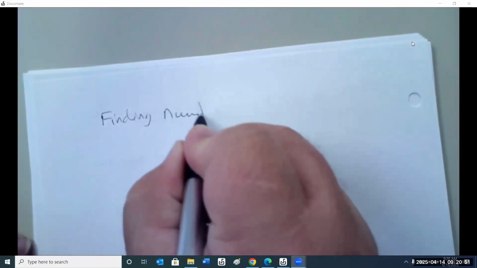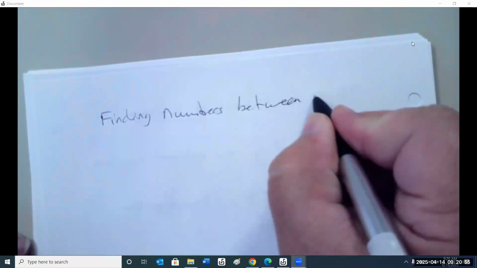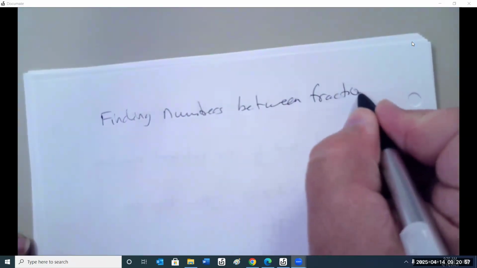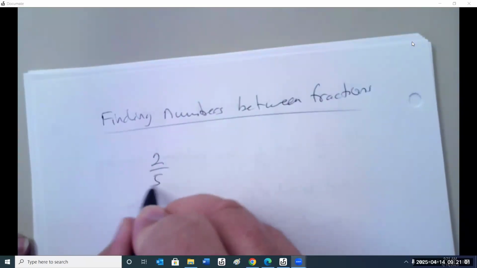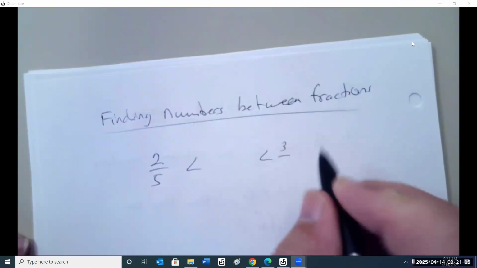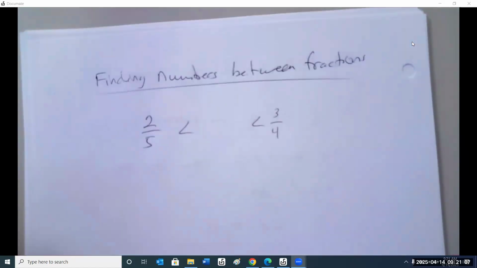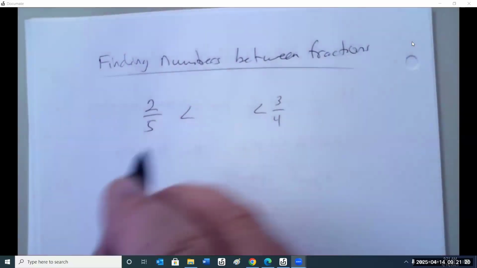Finding numbers between fractions. So if I had 2/5 and 3/4, find me a number between there. The formula says this.